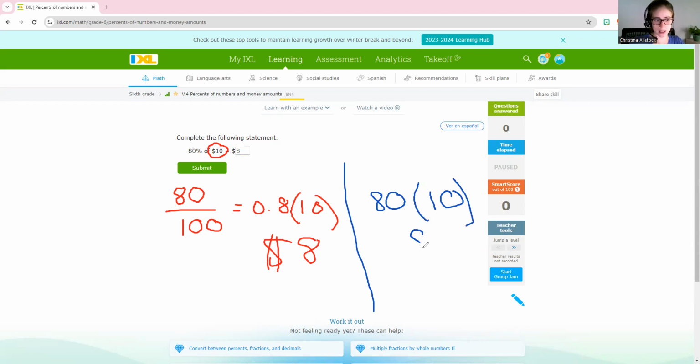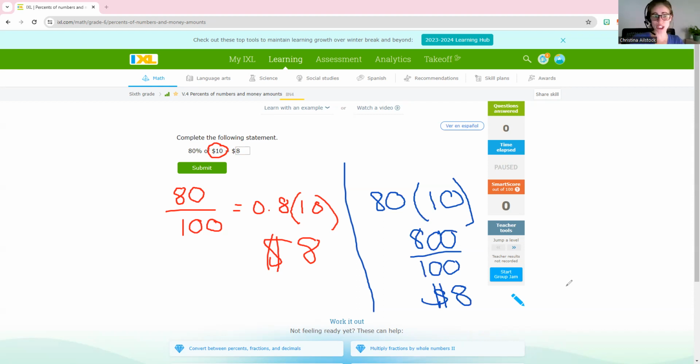So 80 times 10 is 800. But then our second step needs to be to divide by 100, because that gets us out of percentage form and tells us what number is actually 80% of 10. 800 divided by 100 gives us 8, so we have $8.